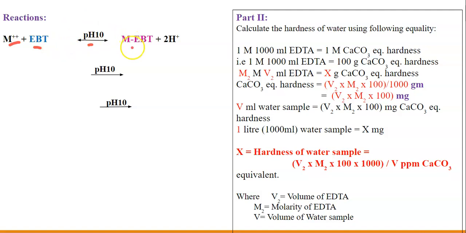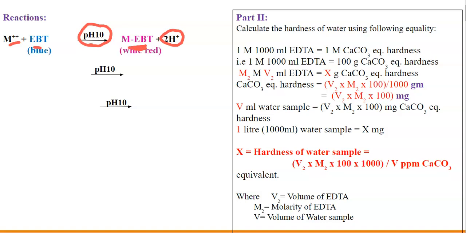We can see that the color of the solution changes to wine red. That indicates a complex is formed between metal and indicator, and H+ ions are given out. We know that as the concentration of H+ ions increases in water, acidity is going to increase. So we need to maintain the acidity for the reaction. That is why we add the pH 10 buffer solution in the conical flask beforehand.